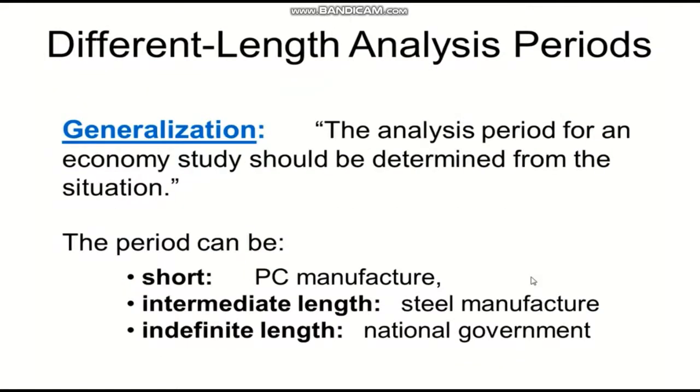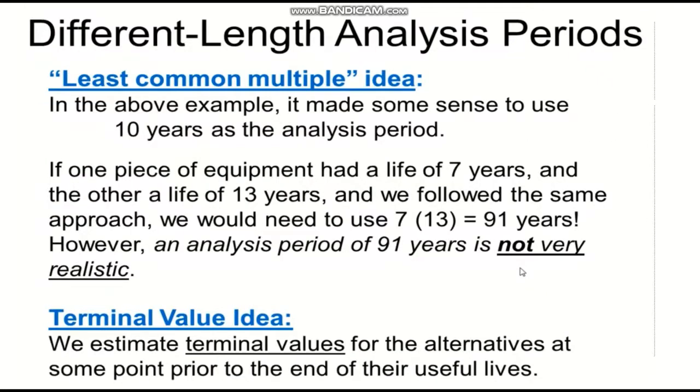as I showed in the last lecture, and we know that the period can be short, intermediate length, and indefinite length, and we stopped over here. We know this least common multiple idea, which we bring 10 years, or we talk a little bit about the terminal value idea.